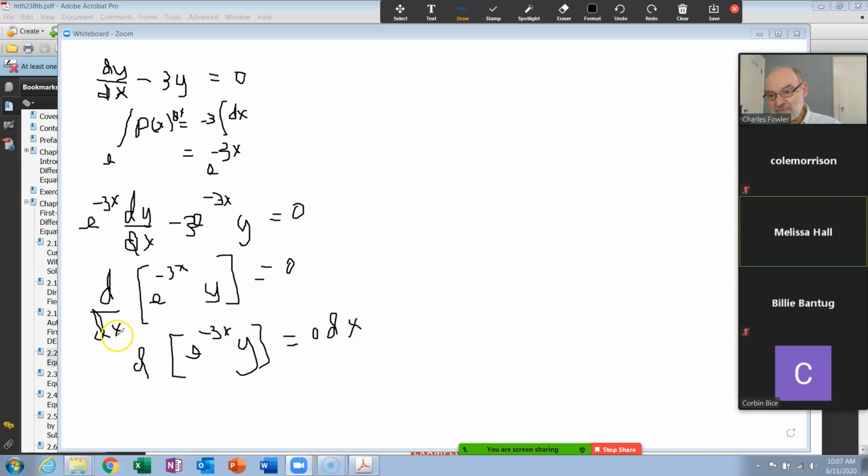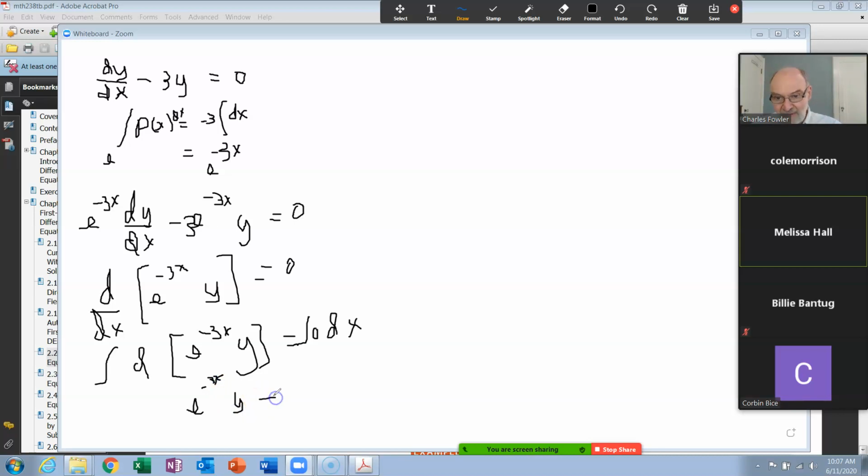Now you integrate both sides. Okay? The integral of a perfect derivative is what you're taking the derivative of, e to the minus 3x y.